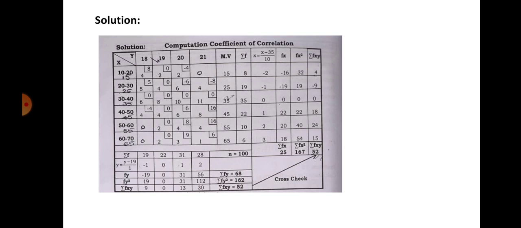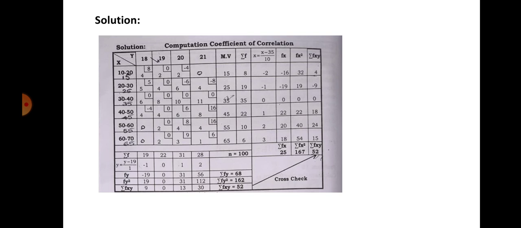Next, 2 into minus 2 into 0 is 0. Next, 2 into 1 into minus 2 is minus 4. Next, the last column also has 0 as a value. Why is it 0? Because where the frequency is a dash or 0, the product becomes 0 if any one of the values is 0.